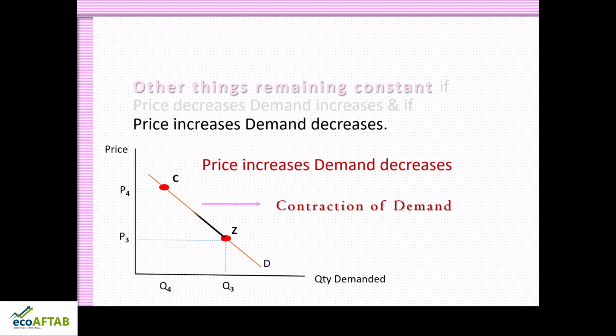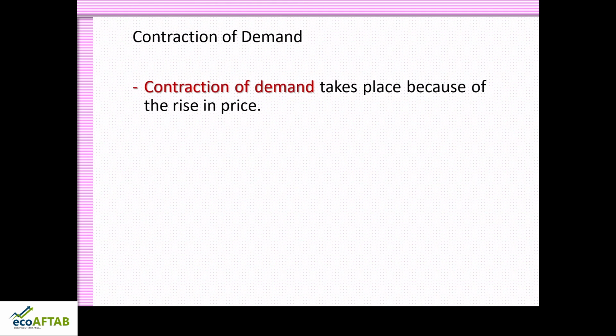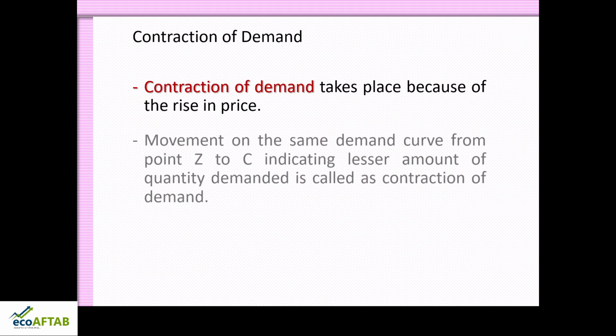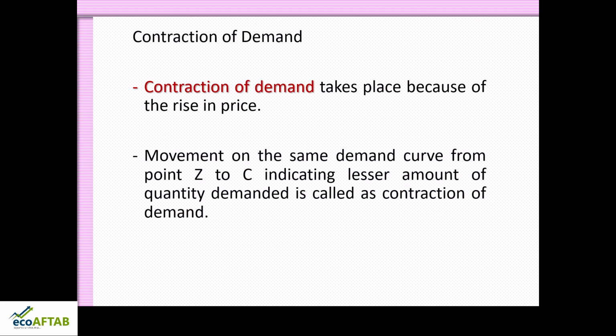So extension of demand and contraction of demand, we can relate to the law of demand. So this is the first situation. Contraction of demand takes place because of a rise in price. Movement on the same demand curve from point Z to point C, indicating a lesser amount of quantity demanded, is called contraction of demand.